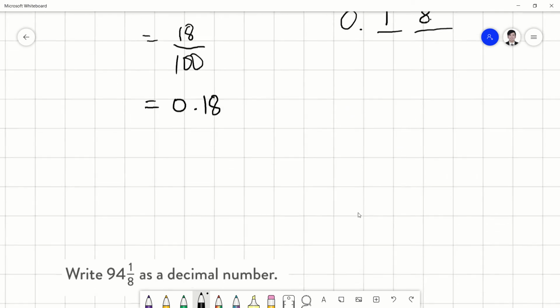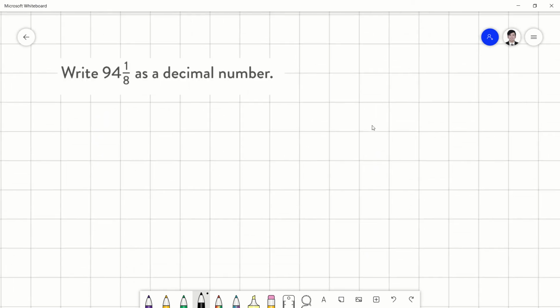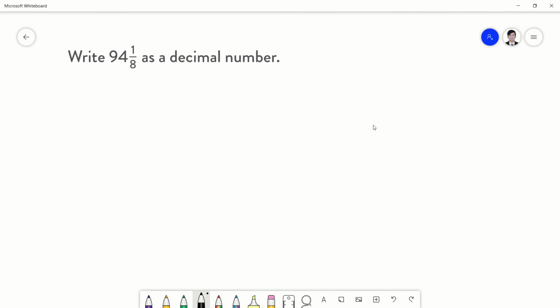Okay, now, what if there's no way for us to write the fraction wherein the denominator is a multiple of 10 or 100, just like this one? This is a mixed number, so we can write 94 and 1/8 as 94 plus 1/8.